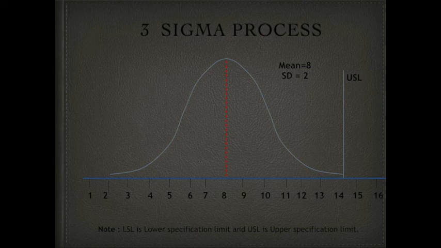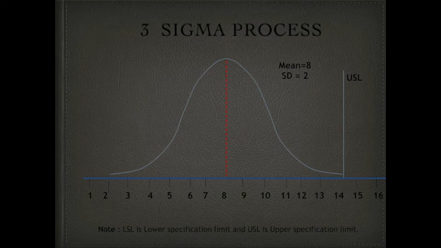The current average, the mean level of this registration process, is 8 minutes. And the standard deviation calculated for this particular process is 2. Now the difference between the upper specification limit and the mean is 6, that is 14 minus 8. In 6, how many standard deviations can be accommodated?